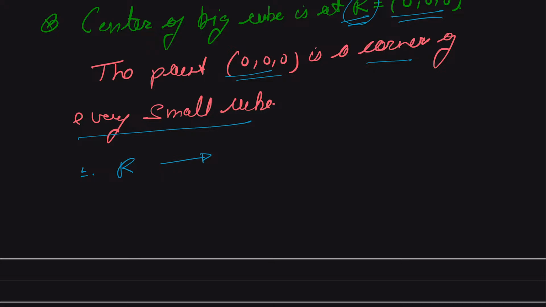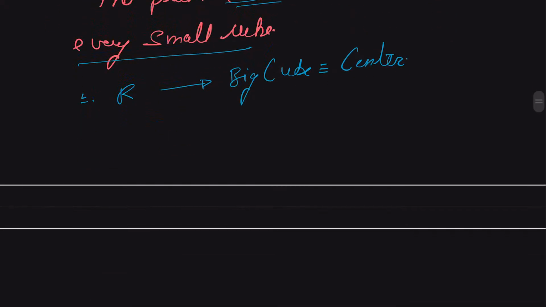First, with respect to the big cube, this capital R is a representation of the center. And for the small cube, this capital R is the representation of the corner.